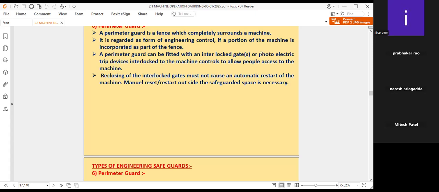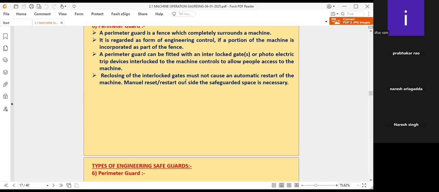Or sometimes a photoelectric trip, where the system takes the thumb impression, or you show your card, exposing it to the sensor, and the interlock is opened and power will shut off. The man can then be allowed to go inside and access the machine.